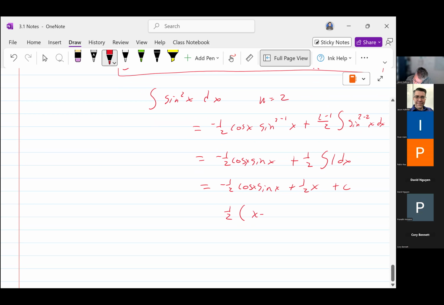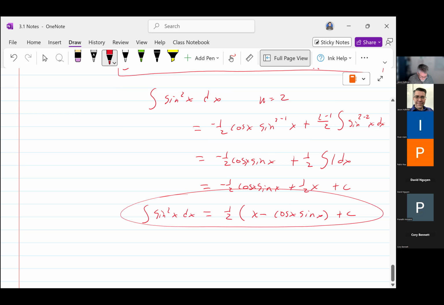And this becomes 1/2 times x minus cosine x sine x plus c. And that is the integral of sine squared x dx. Okay? And that is section 3.1.